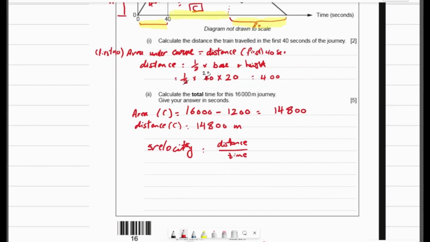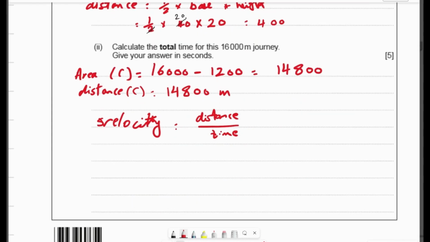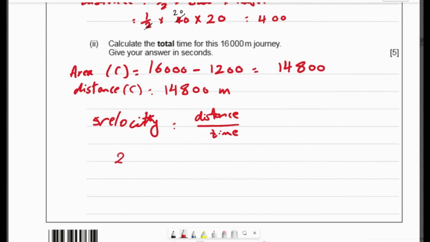And then it's 20, and distance is 14,800 divided by time. So now we need to rearrange this. It will be time equals 14,800 divided by 20.